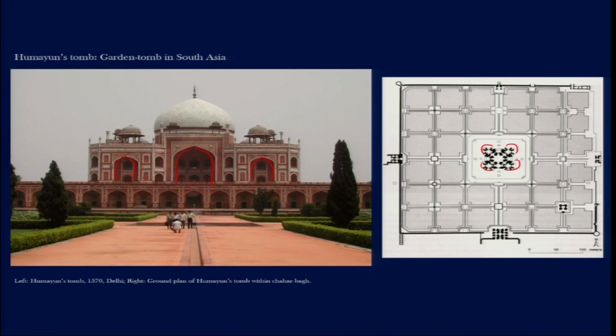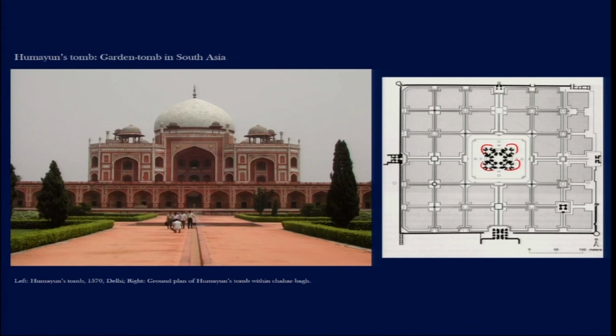There are small minarets in the corner, and also the very important chhatri structures on the top of each of these projections or wings. At the center we have this high imposing dome, which also came to be of high relevance in many tomb structures in Islam.